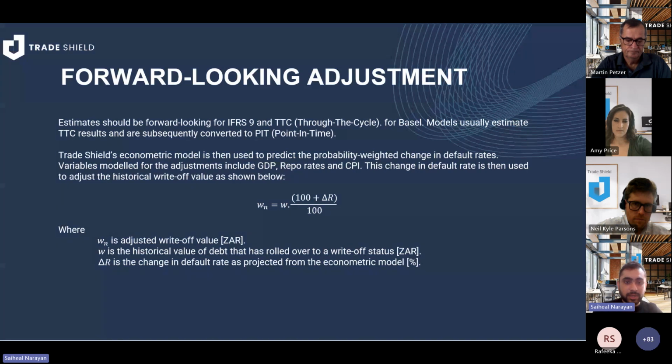GDP, I'll maybe explain that as well. That's your gross domestic product. It's basically the amount of goods and services generated by the country at a point in time. So it's an indicator of the health of a country. In a global sense, GDP for the US currently makes up 25% of global GDP.